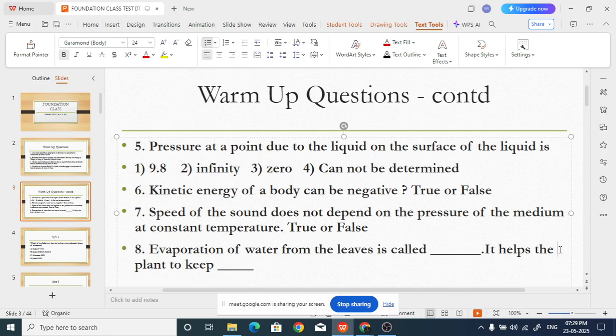Okay. Speed of the sound does not depend on the pressure of the medium at constant temperature. I don't have the answer for this. You only have to tell me.